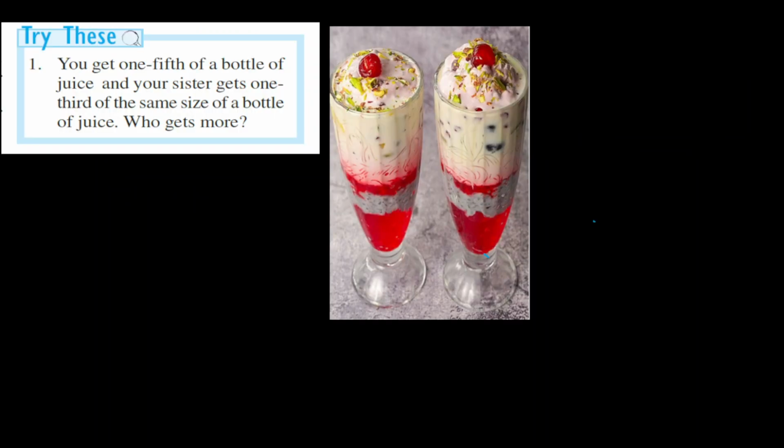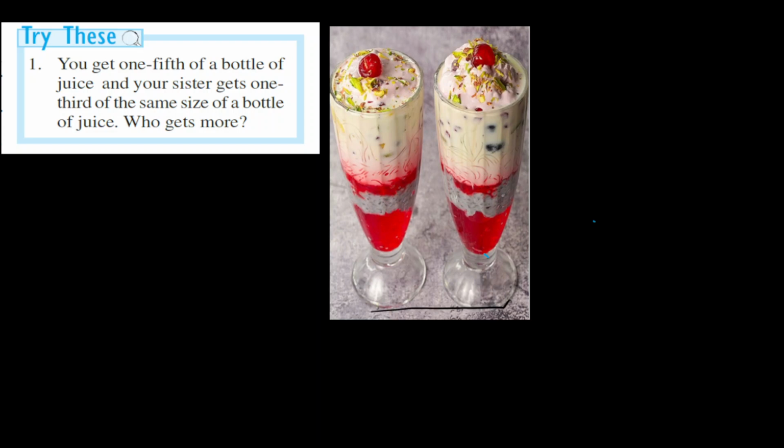And coming to the next one, this is the fun and learn time question. This was asked in my last session. If you solve this, you get 1/5 of a bottle of juice and your sister gets one third of the same size. Here these are the juice glasses of the same size.